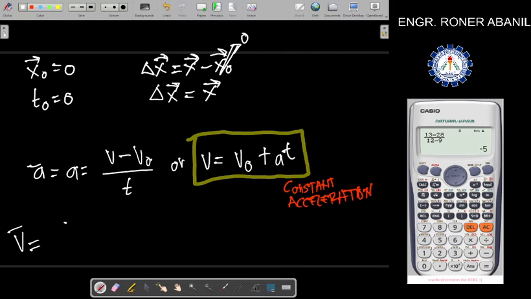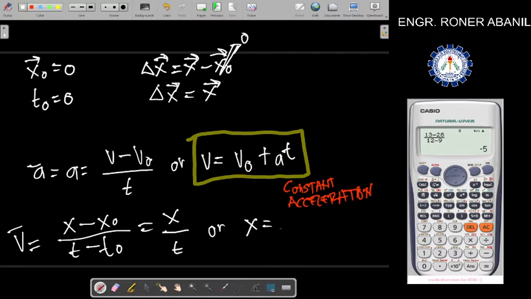Velocity is equal to x final minus x initial over final time minus initial time. Or simply, it becomes x over t. Or we can say that x equals velocity multiplied by time. Okay?